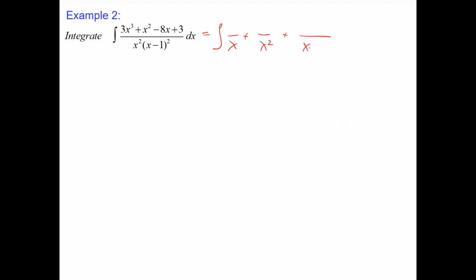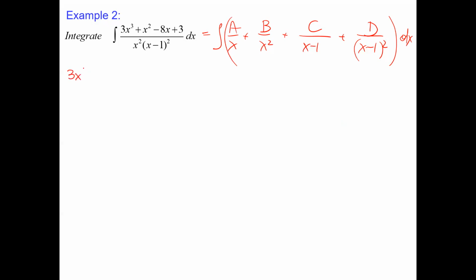And the next one, we will need x minus 1 to the power of 1 and x minus 1 to the power of 2. In this case, all of the terms are linear, they are just repeated. We will put constants A, B, C, and D. Okay, let's try to find them.